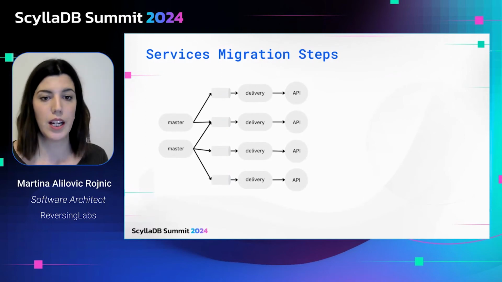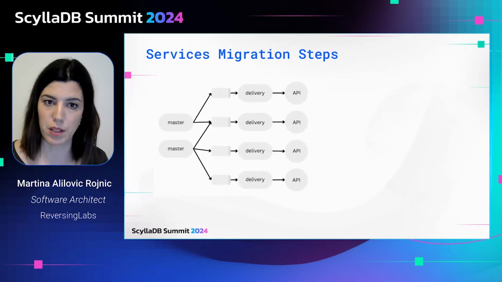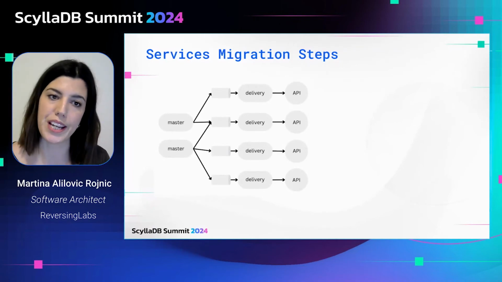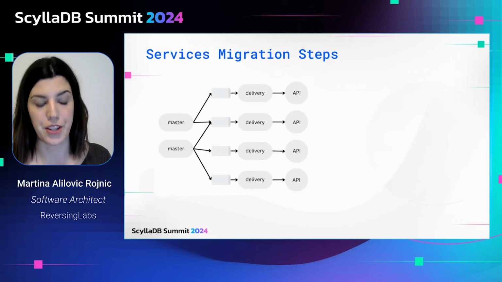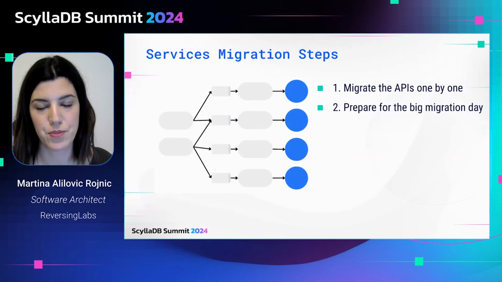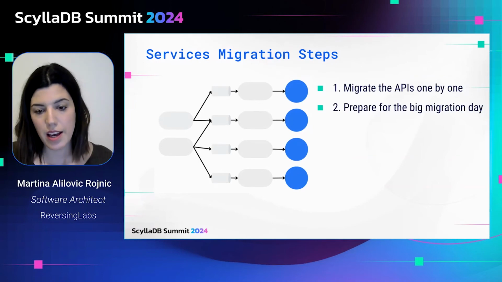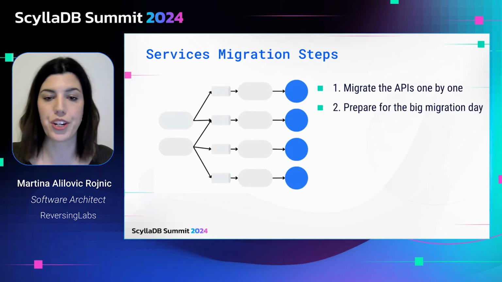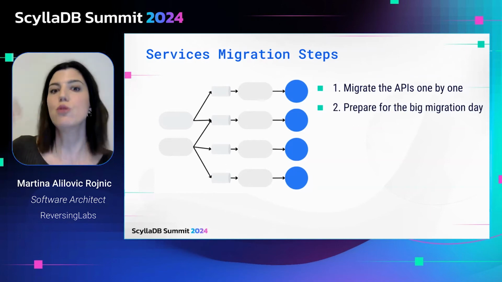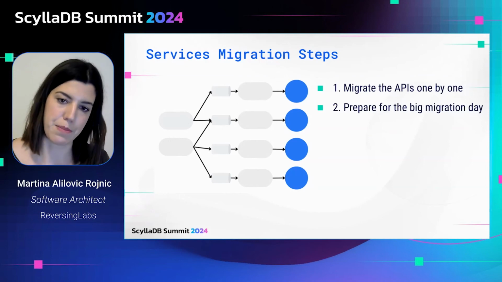So the migration. First, as we said, we had already established a pipeline that syncs the data from the old database to the new one, so we could easily migrate the APIs. One by one, we took an API and deployed a new version using this new interface library that's reading from ScyllaDB.